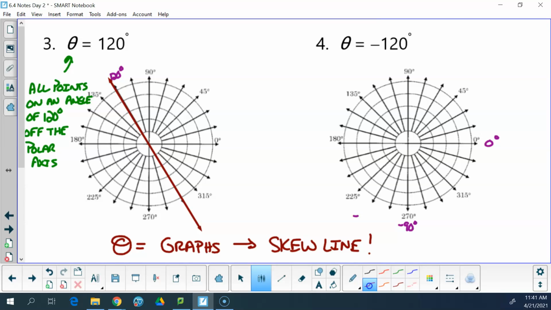So this one over here would be negative 120 degrees. And that would then produce our line.